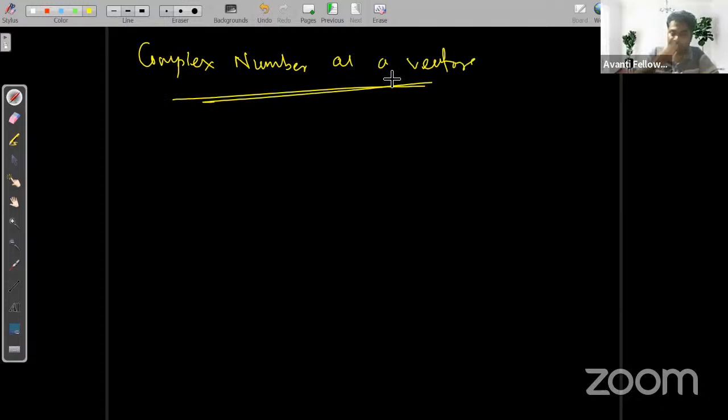Suppose we have a point z, that is x plus iy, a complex number x plus iy, and you know we can represent a complex number in the Argand plane as a point also. Now, can we represent it as a vector?